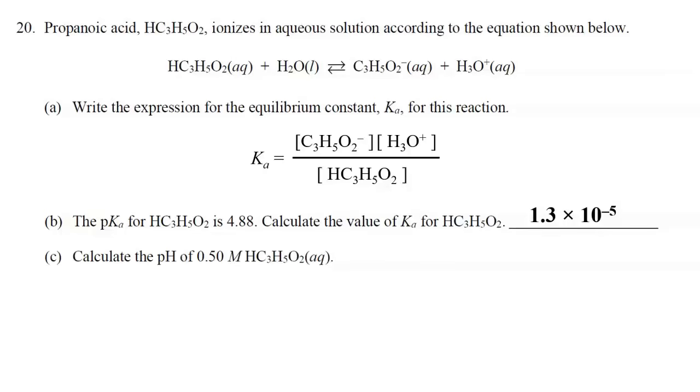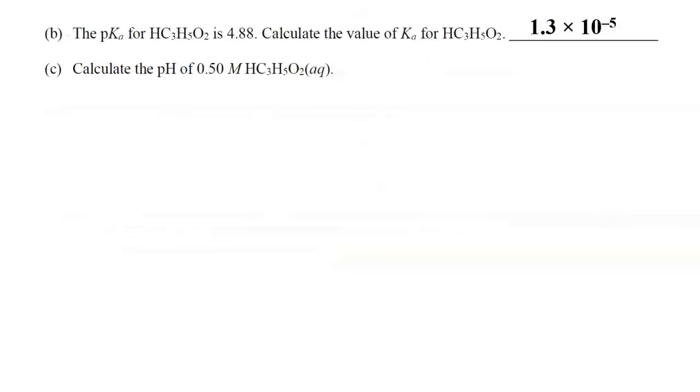Part C says calculate the pH of 0.50 molar propanoic acid. Now in this video, you've already seen several examples of rice tables for a weak acid. Here is another example of a rice table that you can use to calculate the pH of 0.50 molar propanoic acid.